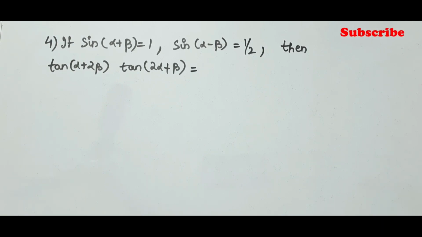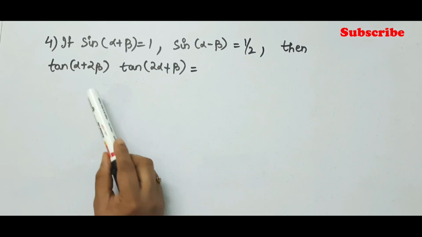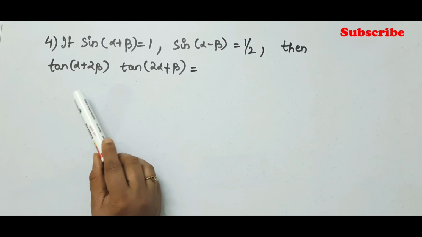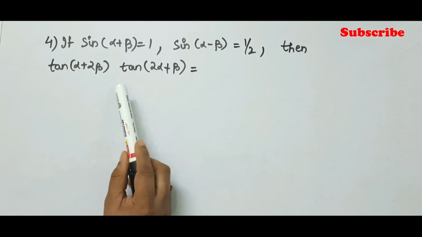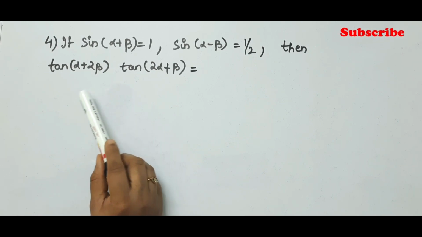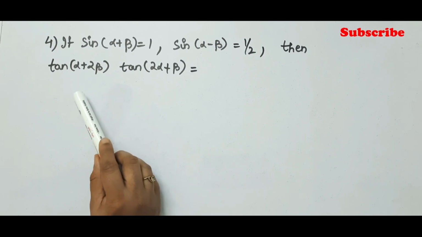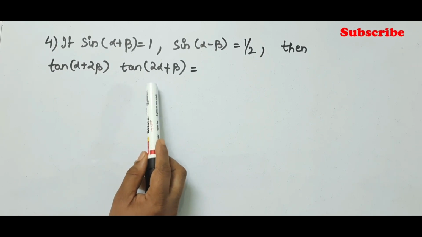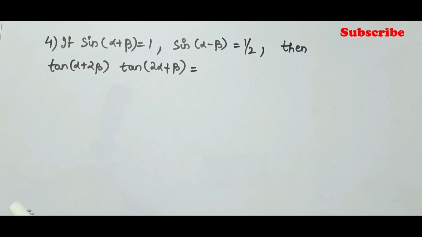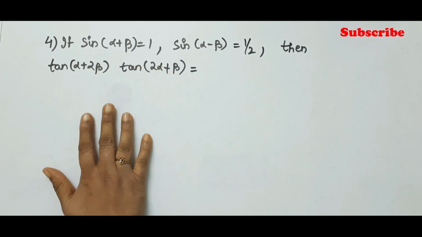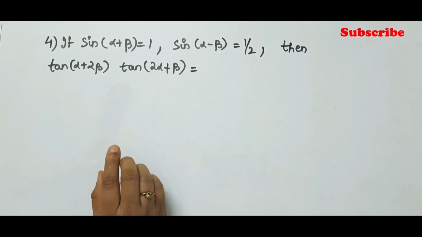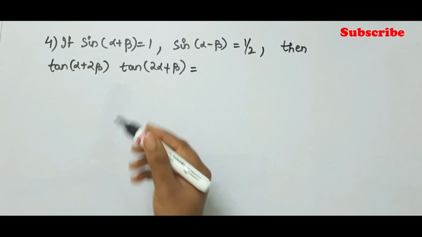Here we have to get the values of alpha and beta, and substitute those values to get the value of tan of alpha plus 2 beta or tan of 2 alpha plus beta. So whenever they give this type of problem, first we have to get the value of alpha and beta.